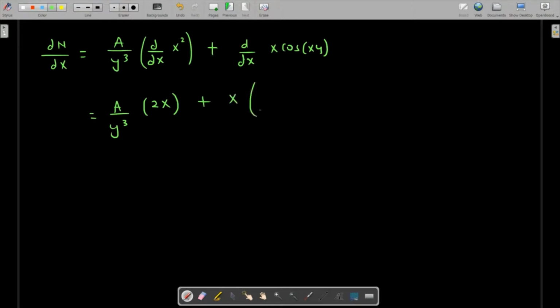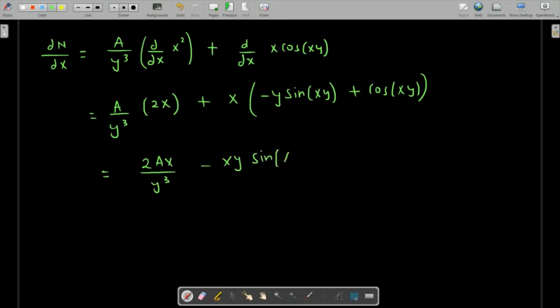So the first term is as it is. The differentiation will be negative y sine xy, since y is treated as a constant, plus cos xy. So this is equal to 2ax over y³ minus xy sine xy plus x cos xy.